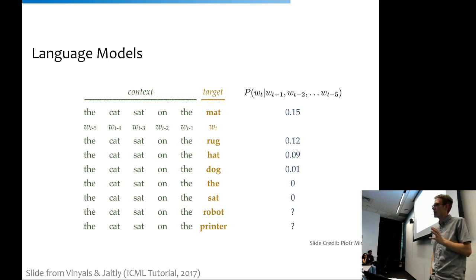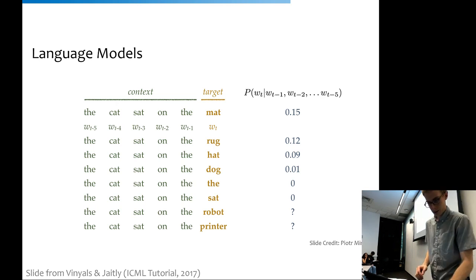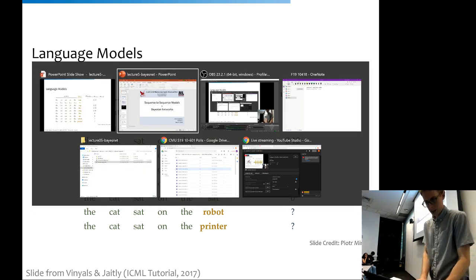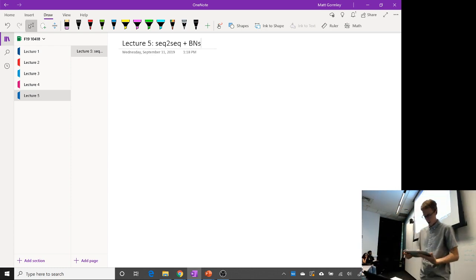The first thing that we need to have in mind here is what it means to actually build a language model. Essentially you can think of a language model as defining a distribution over sigma star.